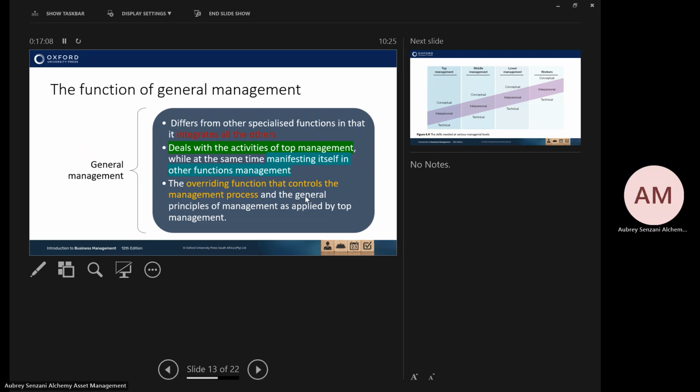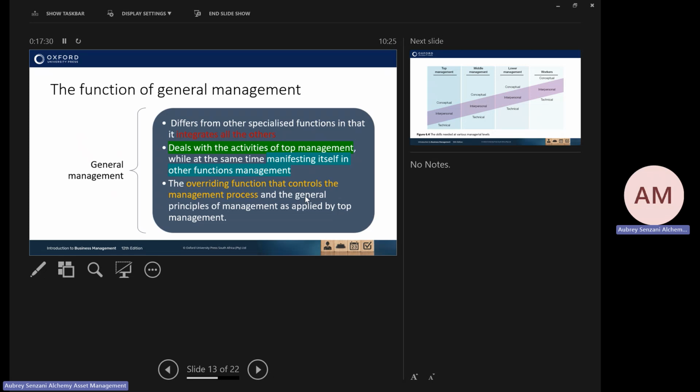Then here, very beautiful expanded explanation of what general management is. Okay. Firstly, they say it differs from other specialized functions in that it integrates all the other functions.